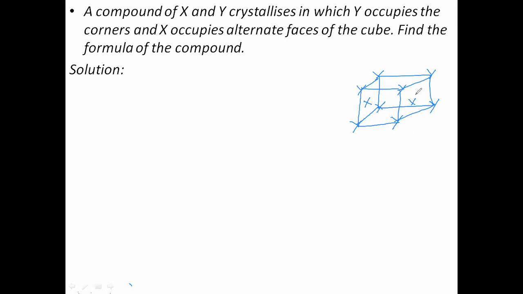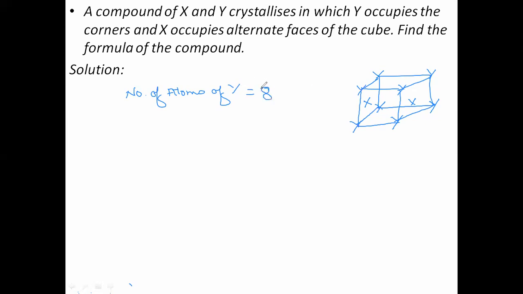So now the question is how to actually go for such a problem. The number of atoms of Y will be equal to, how many atoms of Y do we have?